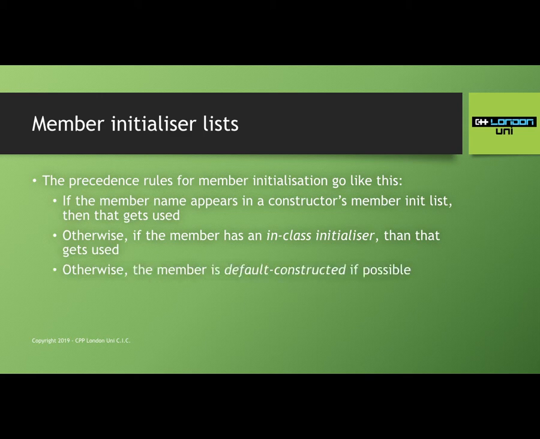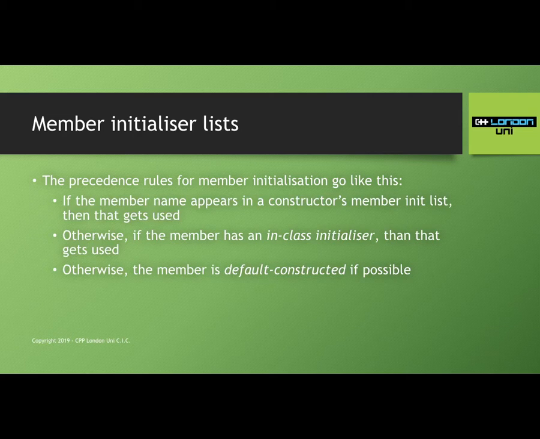So this is something I mentioned last time: there are three ways that a member variable can be initialized. Either it can appear in the member initializer list, and that's where it gets the initial value from.